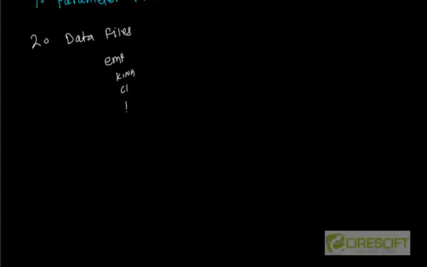Then number 3 is the redo log file. Redo log files are basically the transaction logs of the database. Virtually every operation that you perform on an Oracle database generates some amount of redo.